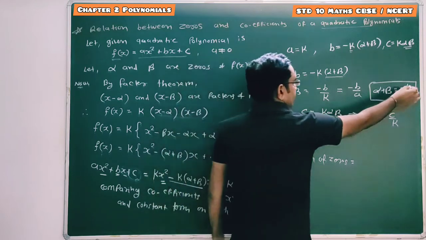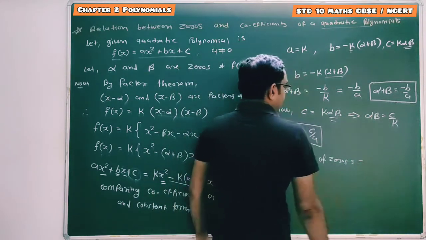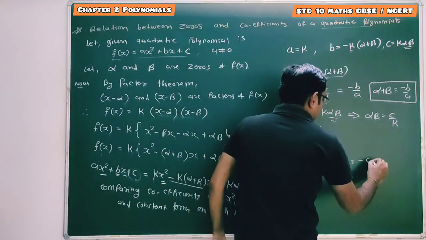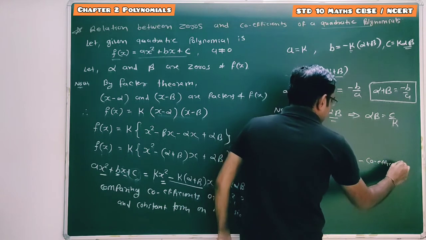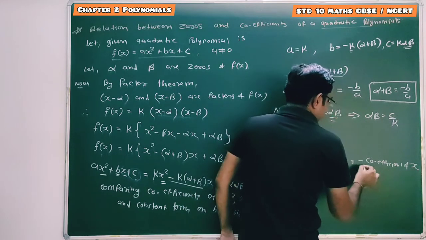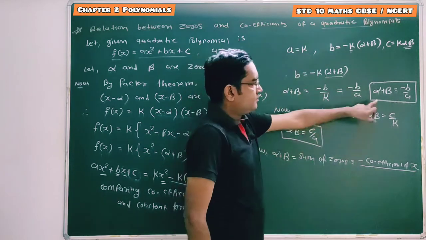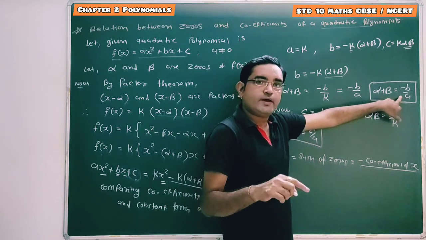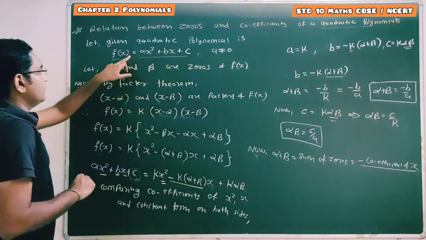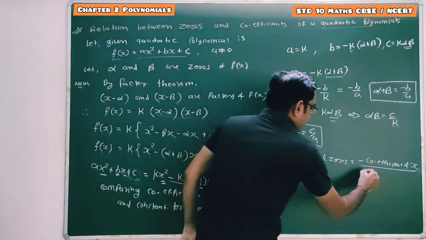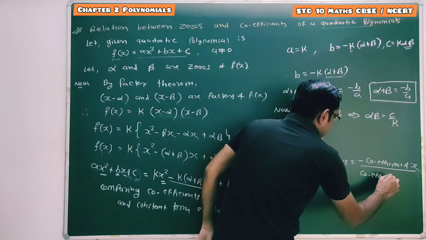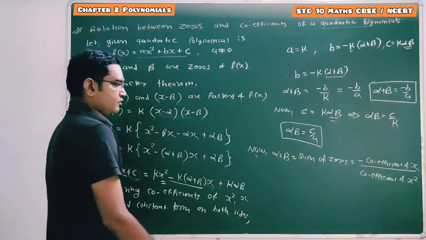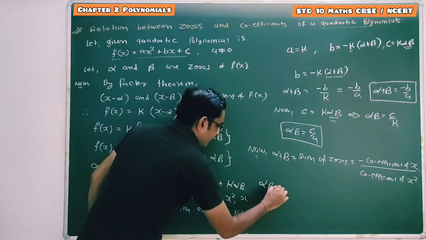What is minus b? b is the coefficient of x. So the sum of zeros is equal to minus the coefficient of x upon a, and a is the coefficient of x square.